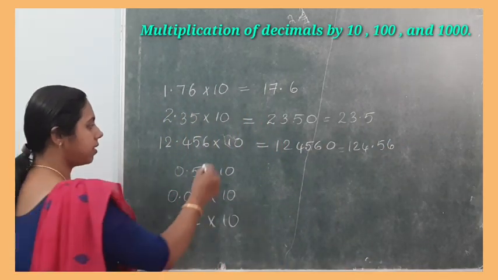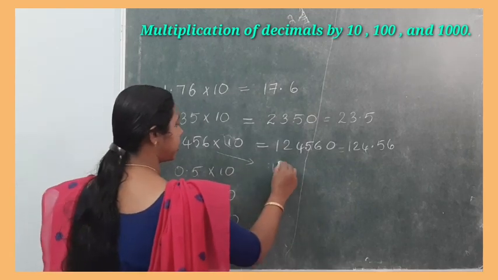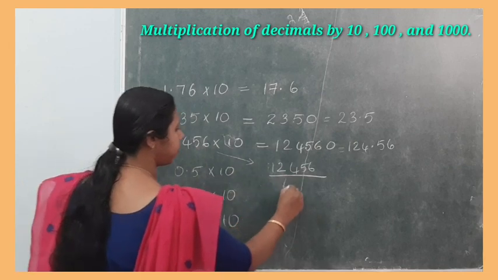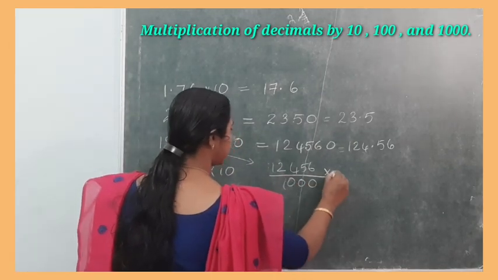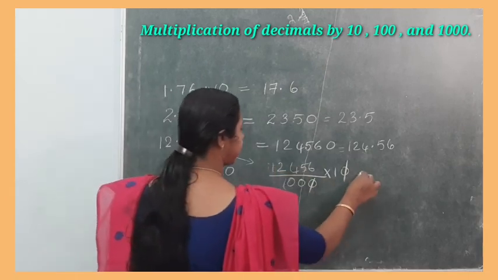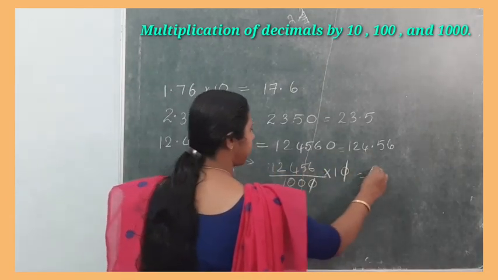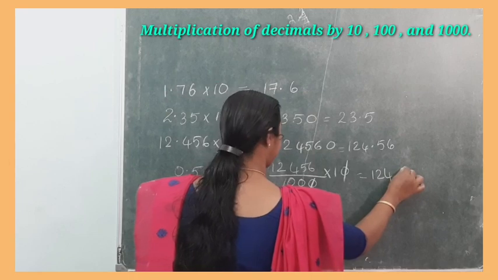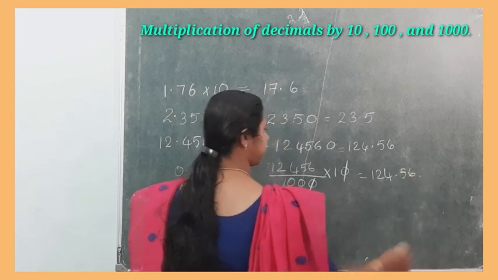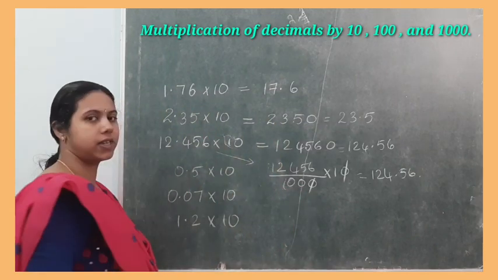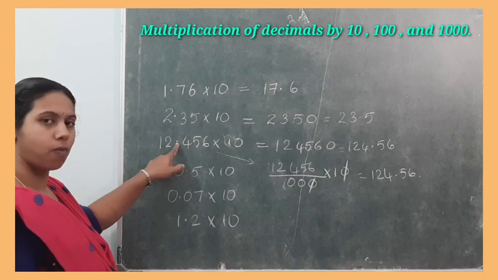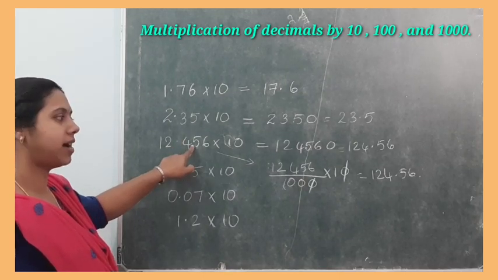Or you can use the fraction form, that is 456 divided by 3 decimal places, so divided by 1000 into 10. 10 is cancelled. This divided by 100, that means 2 zeros, so 2 decimal places. So 124.56. Both ways you got the same answer. So when you observe this, you can see the decimal point moves one place to the right.